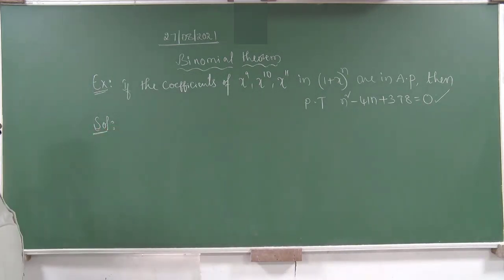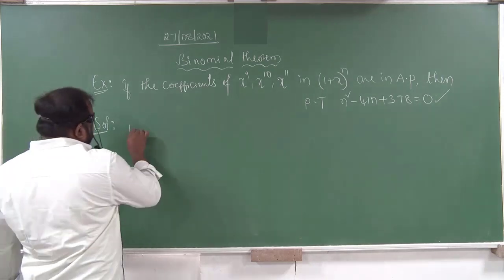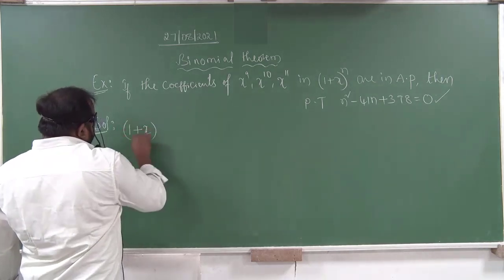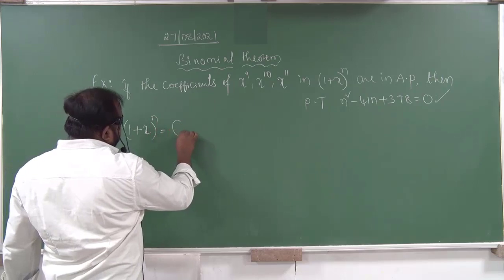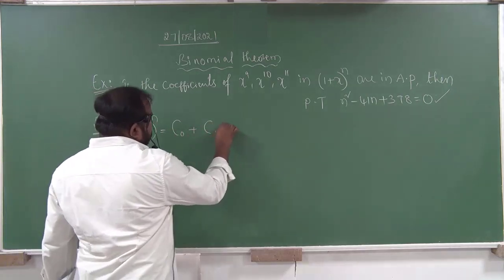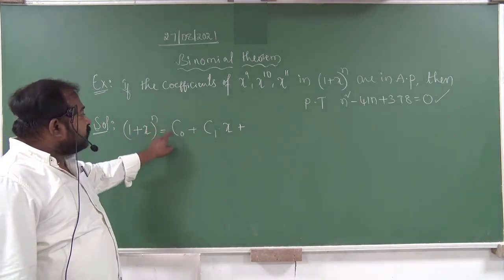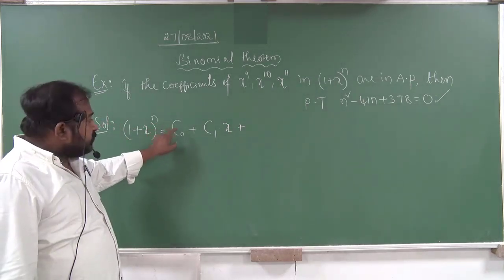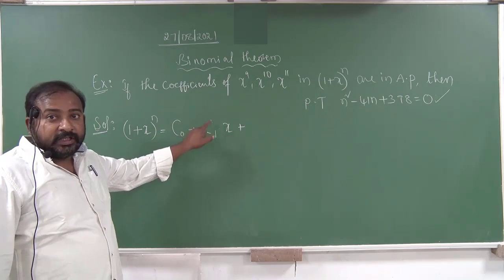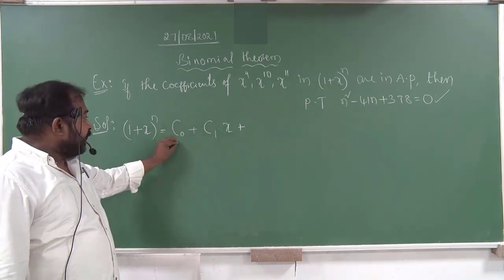what is the expansion for (1 plus x) whole power n? It is given by c0 plus c1 into x. Of course, here c0 means nC0, so nC0, nC1, nC2, I can represent it like this also.